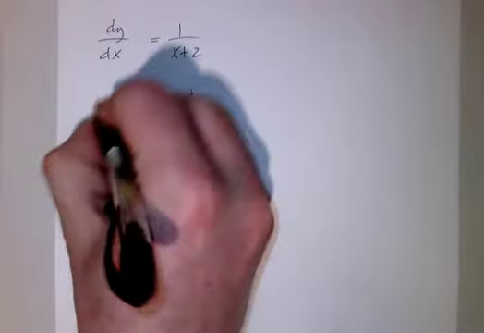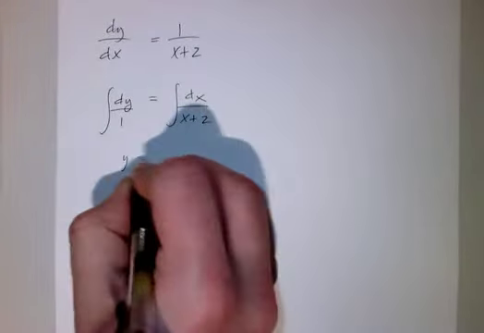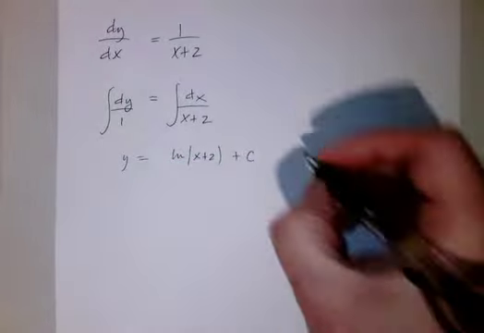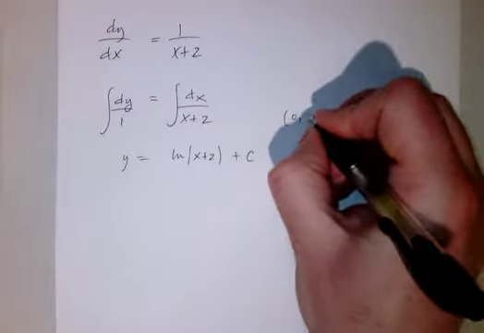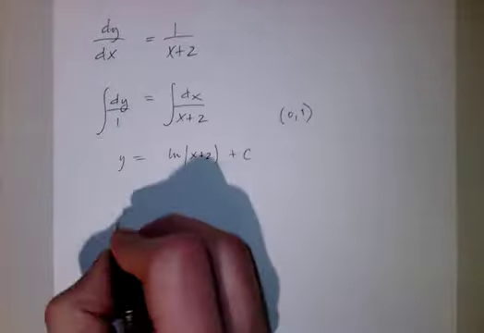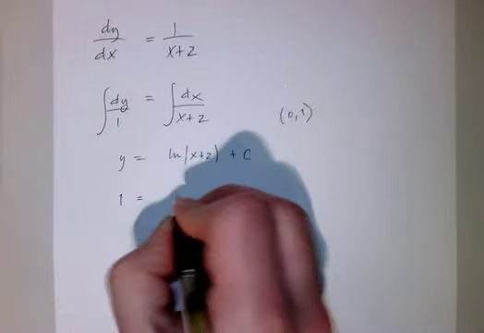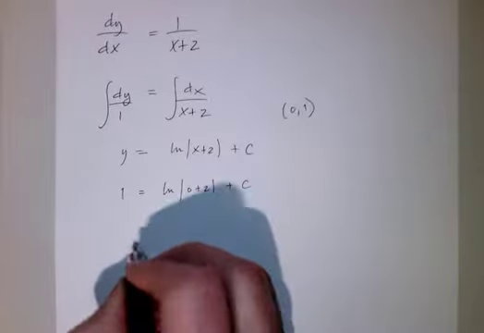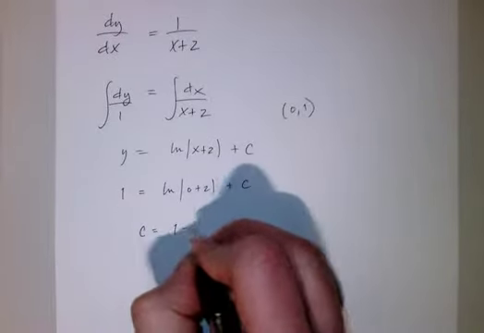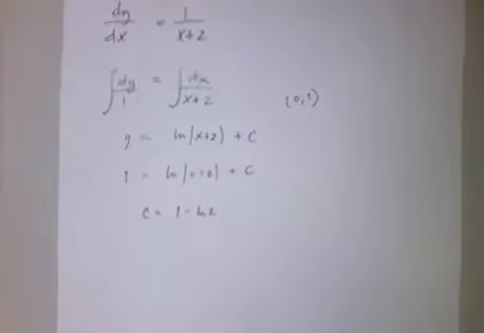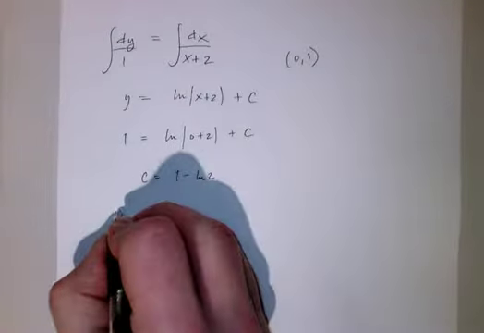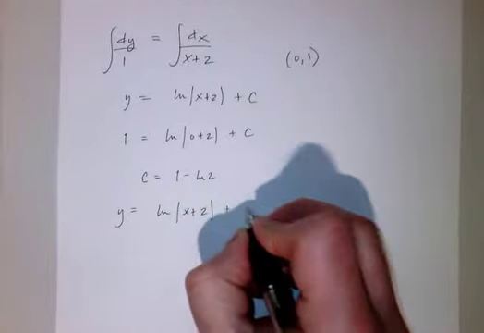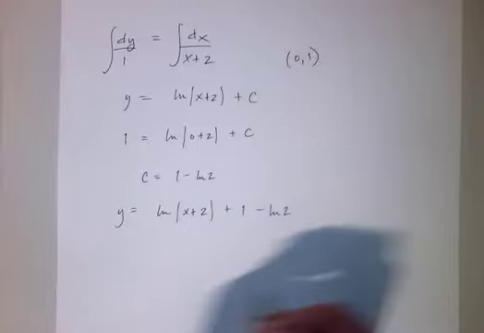That means if I integrate both sides, I'm going to get y equals the natural log of x plus 2 plus c. Remember that I had (0, 1) as my initial condition. So if I have 1 for y and natural log of 0 plus 2 plus c, then I have a c value of 1 minus natural log 2. Therefore y equals the natural log of x plus 2 plus 1 minus natural log 2.